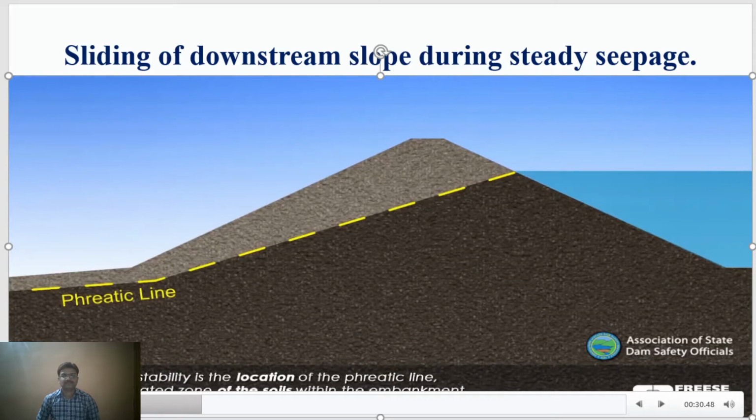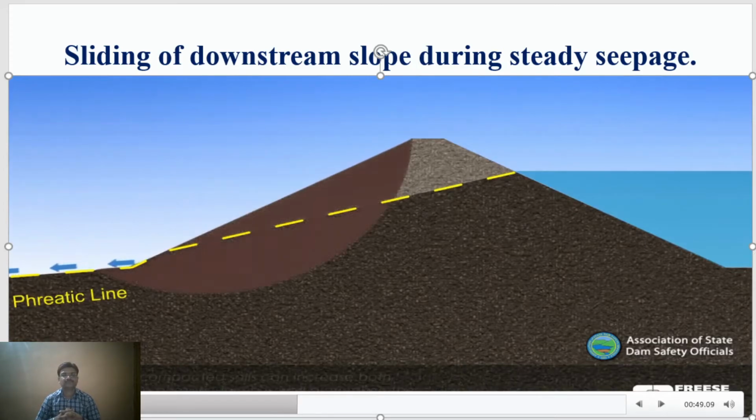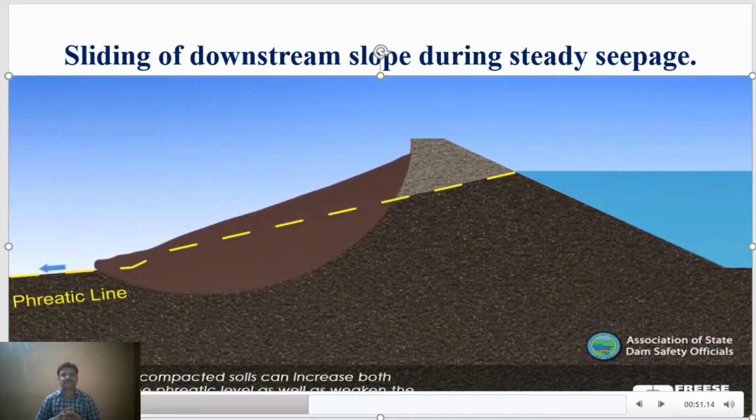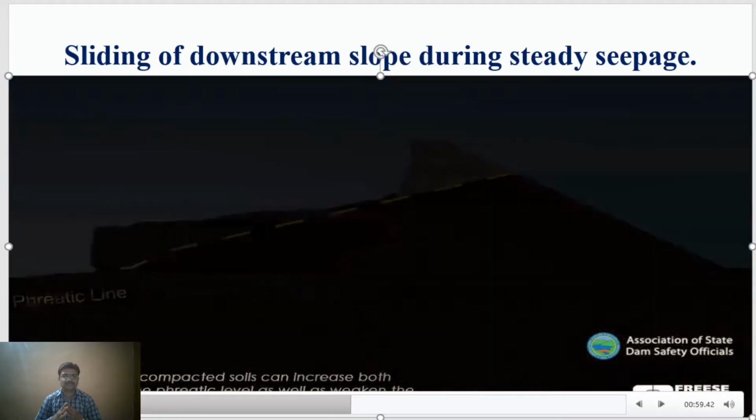In safe dams, this level is well confined below the surface. Since soils that are fully saturated are not as strong, a higher phreatic line can reduce the ability of the embankment to resist sliding. This is often noted by seepage exiting on the downstream face of the dam. Weak or poorly compacted soils can increase both seepage and the phreatic level, as well as weaken the embankment, contributing to a sliding failure of the dam.